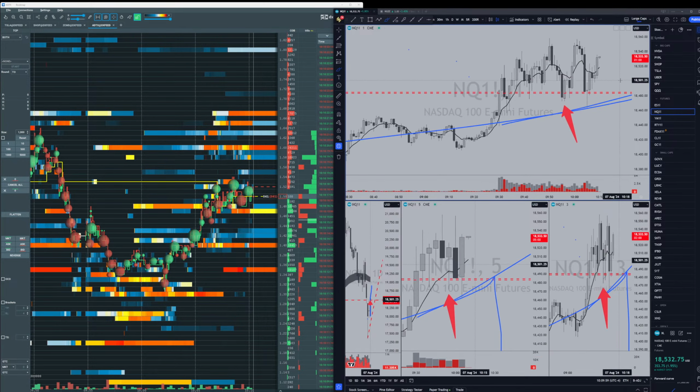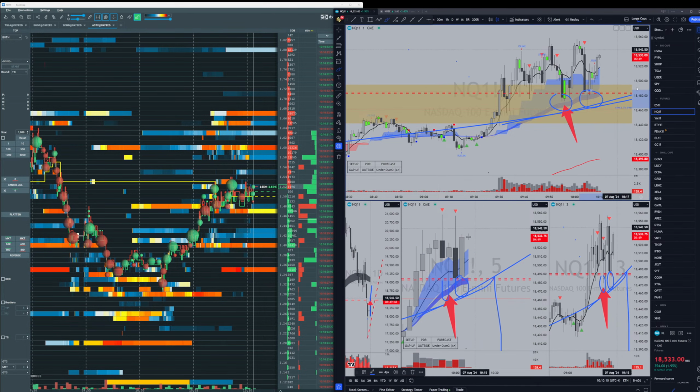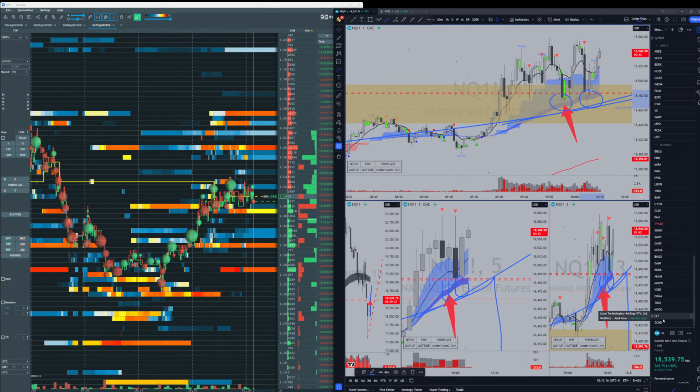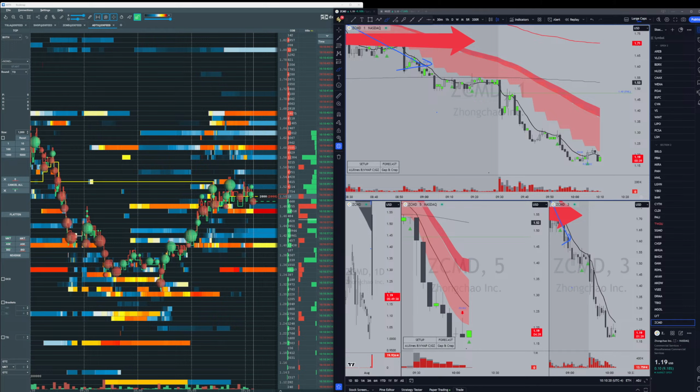Yes, and NQ is still grinding up. We had 2 dips into the J line, so that's the only level that you want to trade. You can trade even the Qs or the SPY. So only long plays over here on NQ. Only long plays.